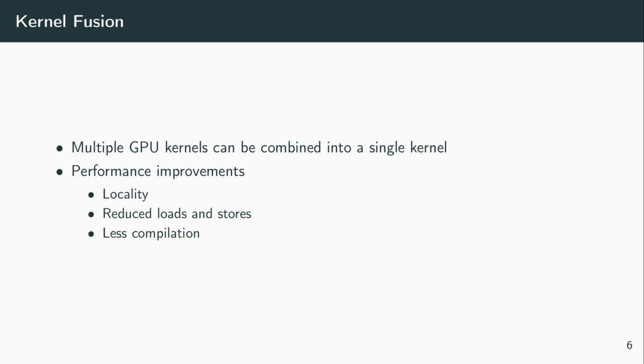Now, kernel fusion is where multiple GPU kernels are combined into a single kernel. This can give significant performance improvements via locality improvement, reduced loads and stores, and simply less time spent compiling, because compiling one kernel is quicker than compiling 10, for example.